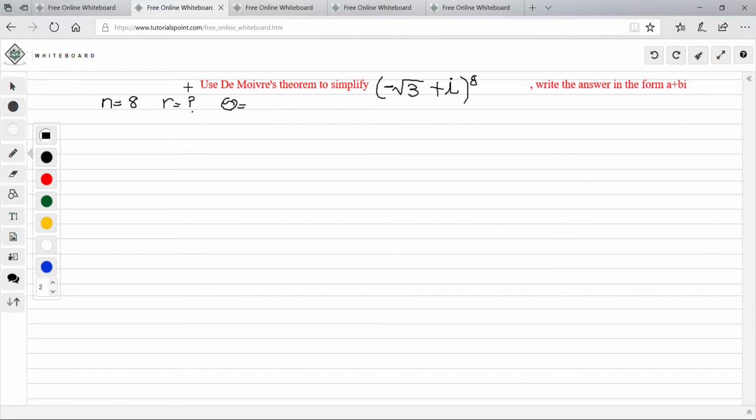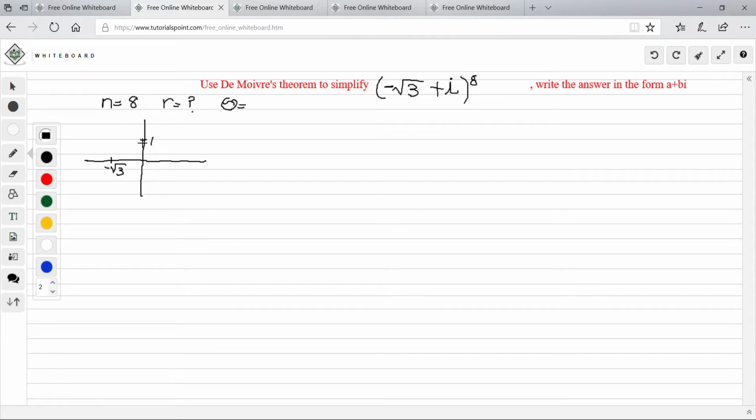First off, I could just graph it. This is the complex plane with imaginary numbers. So you could think of -√3 as being around here, and then this is 1.